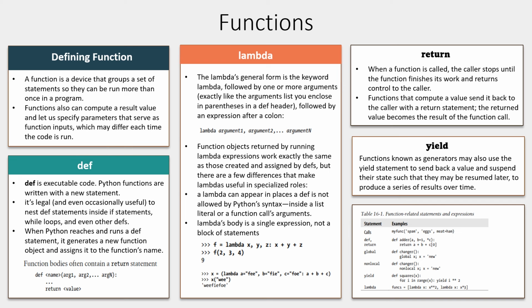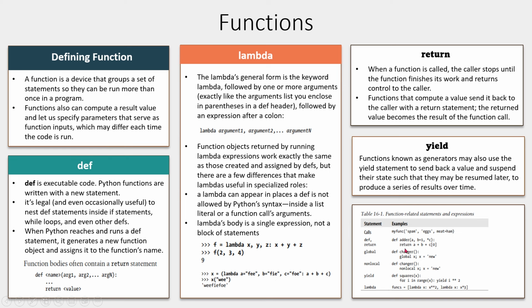Before that, we'll just understand some terminology around functions. The first one is calls. My function is the name of the function, and the open and closed parentheses are used to call something. This is called a call expression. Inside we have arguments, and we have def. Def is a keyword used to define your function, and return is to return the result.